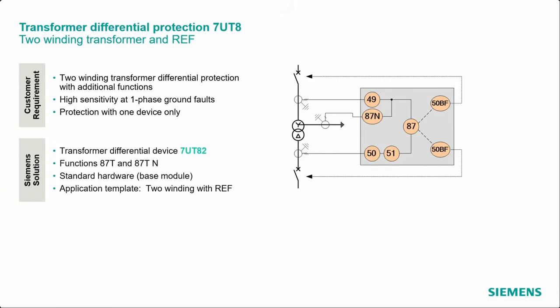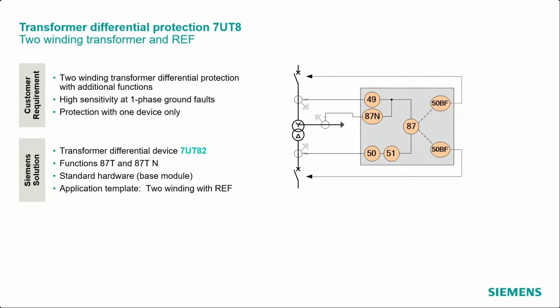where we want to measure the ground faults. So for that application, we can also use the 7UT82, because now we have two 3-phase current transformers, we have one single phase current transformer, we have two sides, and additionally we need a neutral point. And therefore we have also an application template predefined in DIGSI. You can start with 2-winding transformer with REF.